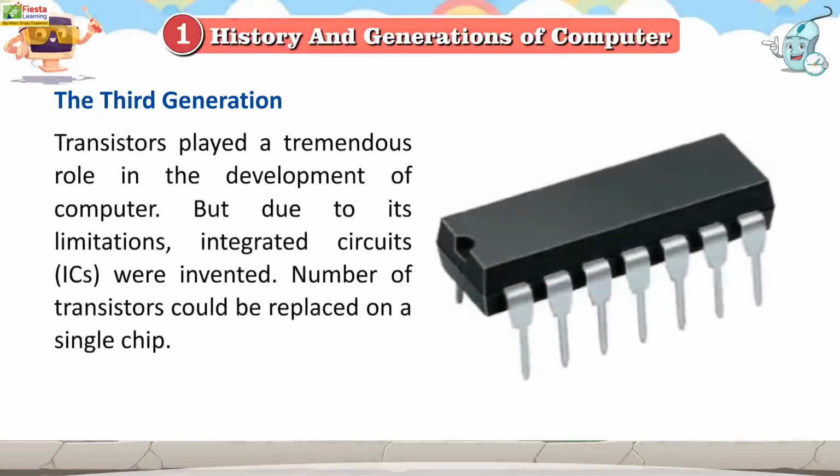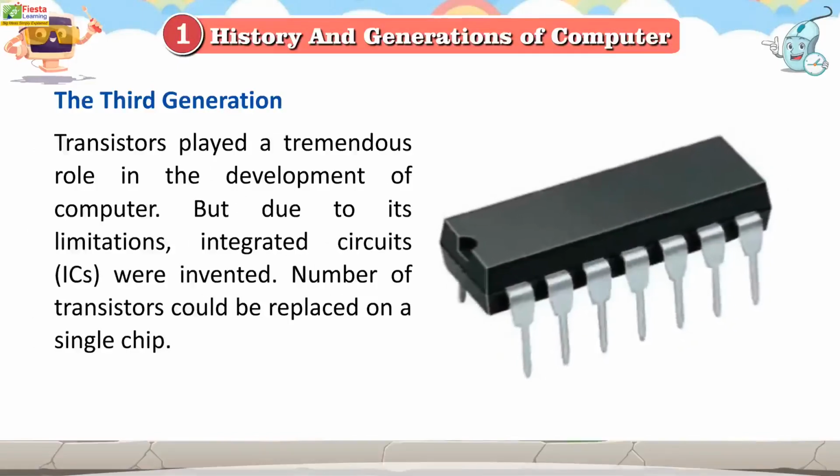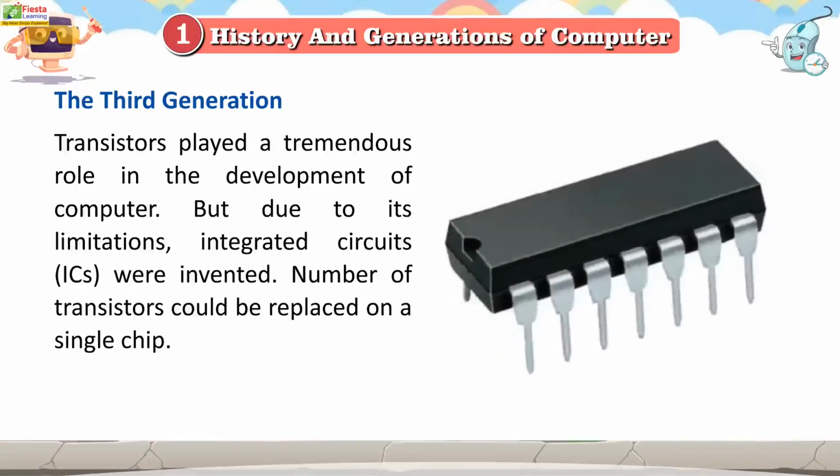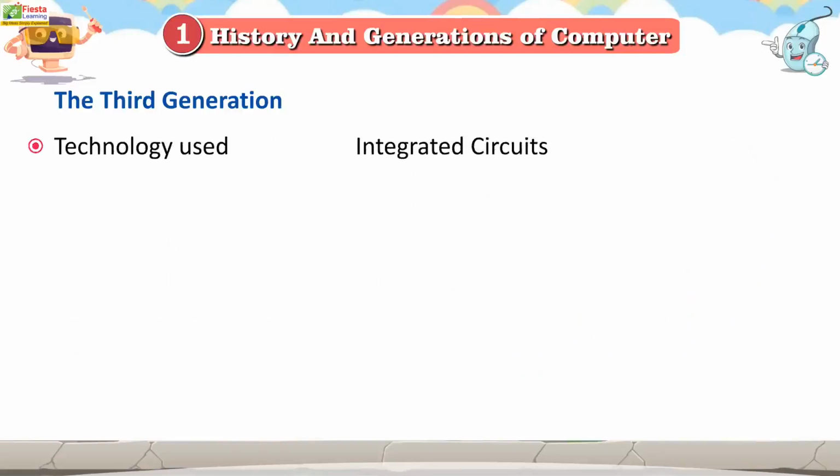The third generation. Transistors played a tremendous role in the development of computers. But due to its limitations, integrated circuits (ICs) were invented. Number of transistors could be replaced on a single chip. Technology used: integrated circuits.